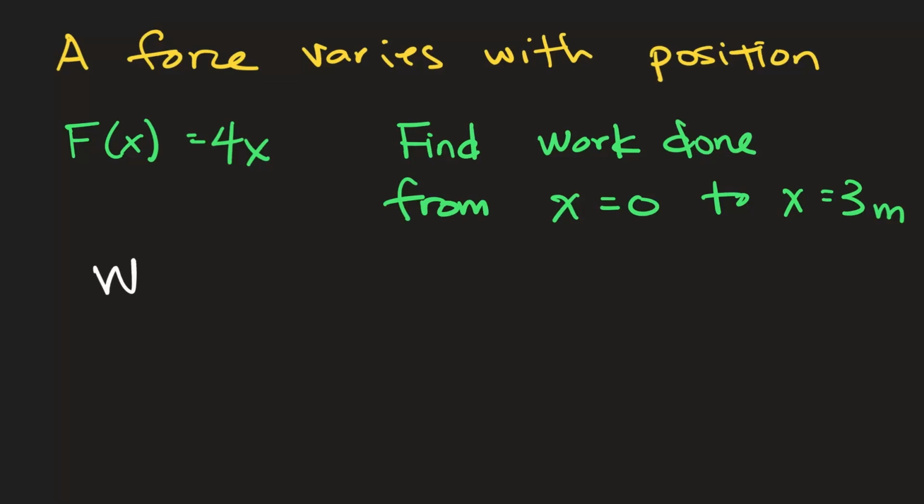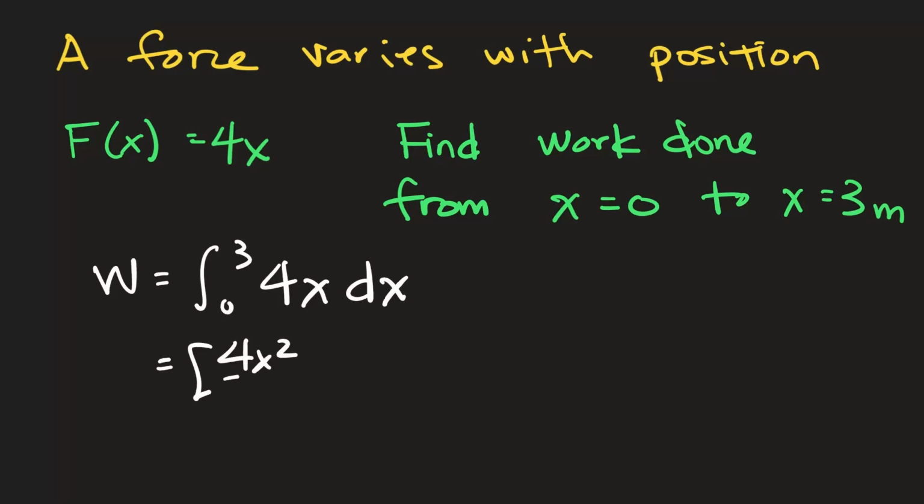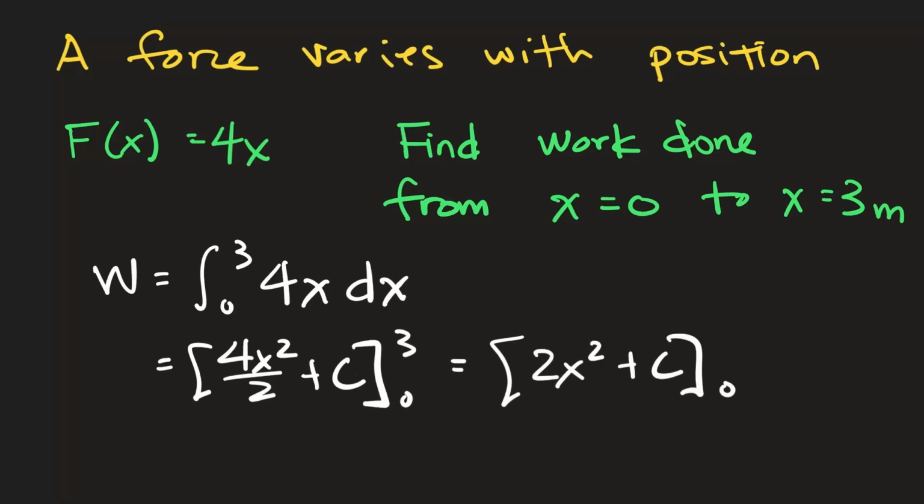In your physics class, you'll learn later on that the work done is equal to the integral of the force function with respect to x. So to find the work that is done, we're going to find the integral of 4x dx, and our lower bound is 0 and our upper bound is 3. The integral of 4x dx is 4x squared divided by 2 plus c.